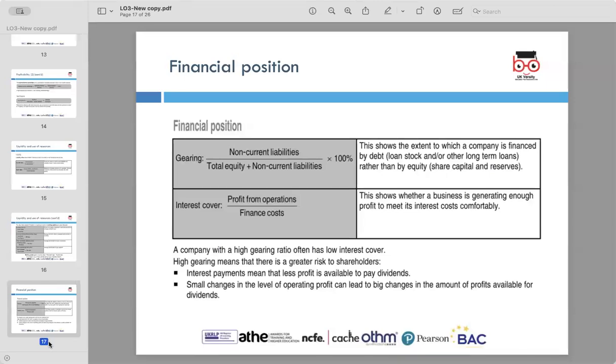Conversely, a low interest cover ratio suggests that the company may struggle to meet its interest payments from its operating profit. Financial structure and profitability ratios are critical to assessing a company's financial health and risk profile.